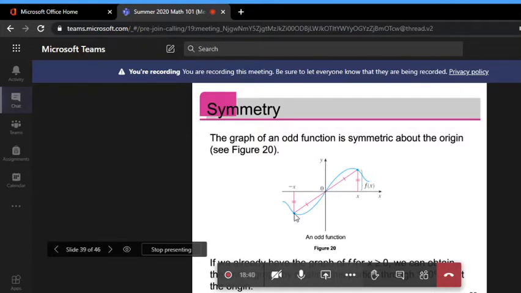The same picture you have here is drawn down here. That's what it means to be symmetric with respect to the origin.